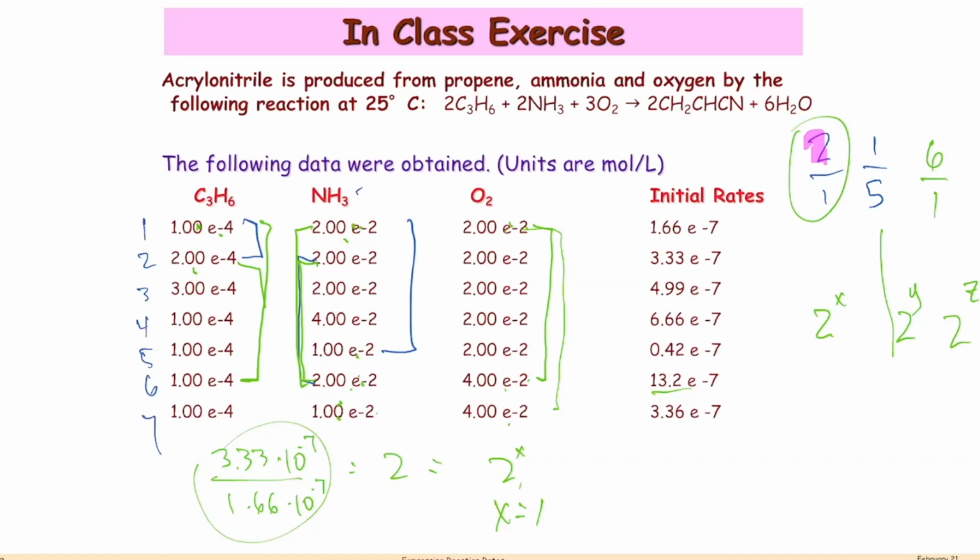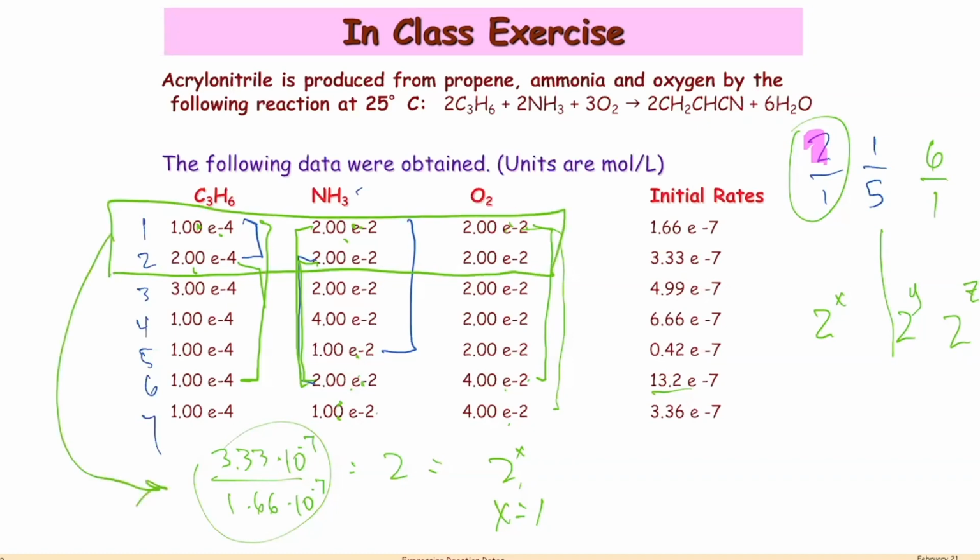Okay, but let me just go on. I'm calculating propene here, so if you take a look at experiments 1 and 2, that's this right here. You're going to see that the rate for 2 is 3.33 times 10 to the minus 7. The rate for 1 is 1.66 times 10 to the minus 7. 3.33 divided by 1.66, that's 2. The oxygen doesn't play a role.